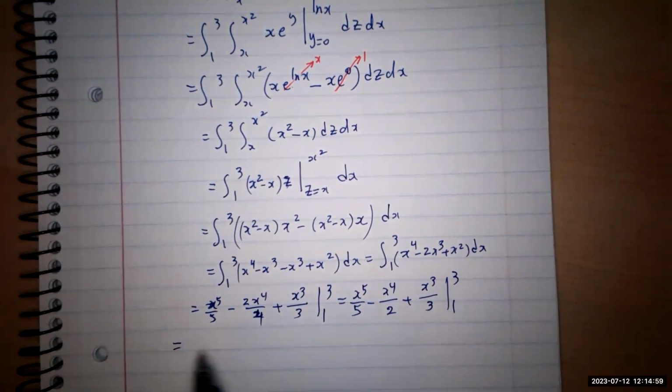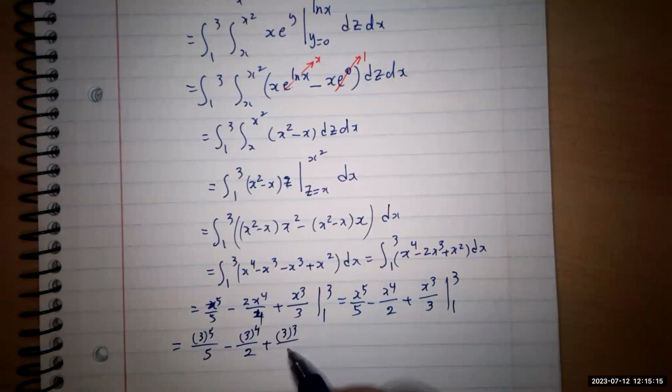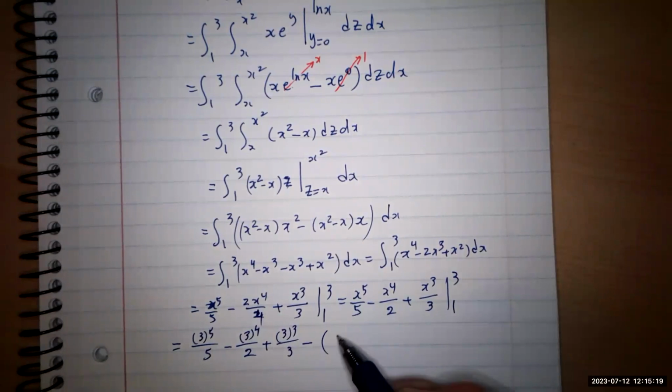So it's going to be equal to, put x equal to 3, plug in 3 to the fifth over 5 minus 3 to the fourth over 2 plus 3 cubed over 3, minus, replace x by 1, so that gives a fifth minus half plus 1/3.